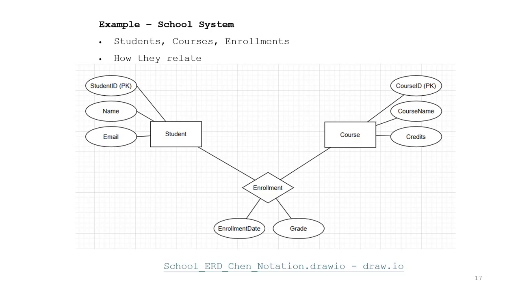And now let's have this example. It's about a school system, but it's very, very simple, just to show you how we can draw the ERD, or entity relational diagram. Here we have these two entities, and between we have this diamond to show the relationship between student and course.